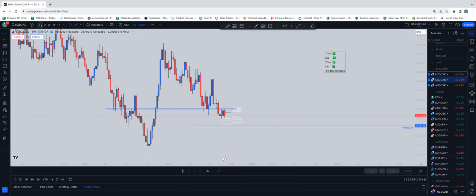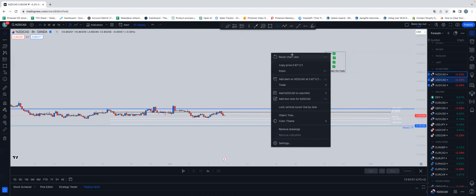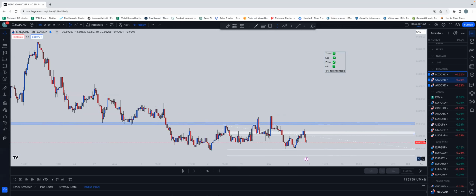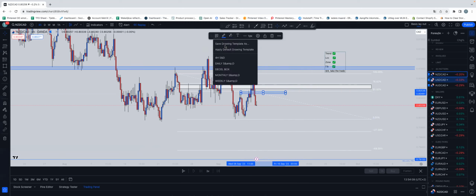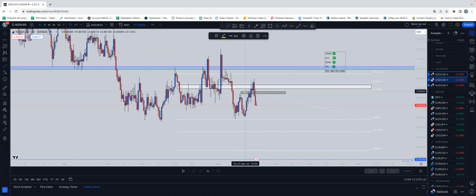Then the last thing, let's go to the 4-hour. What can I see here? We've tapped the zone and we formed a head and shoulders with shoulder 1, the head, and possible shoulder 2.